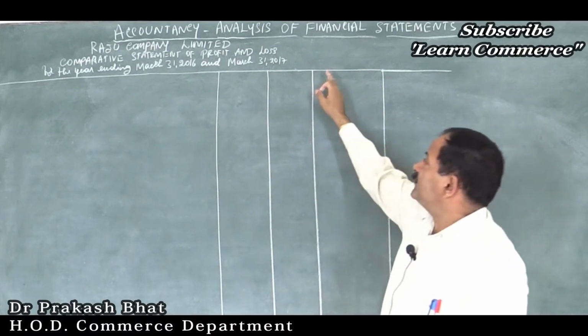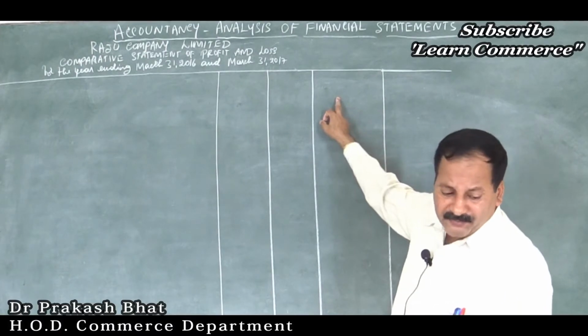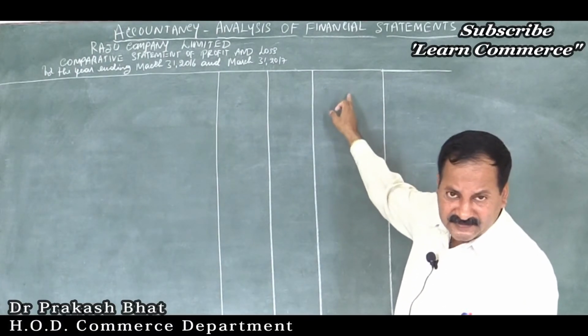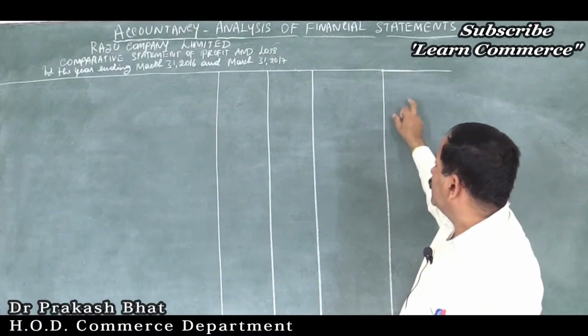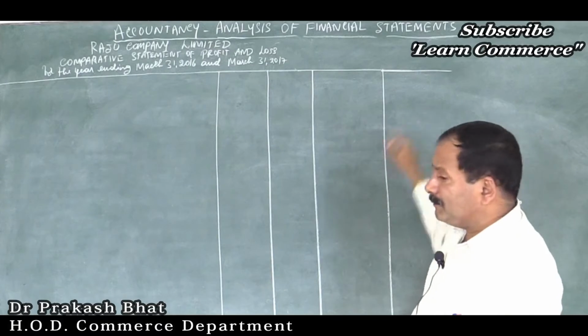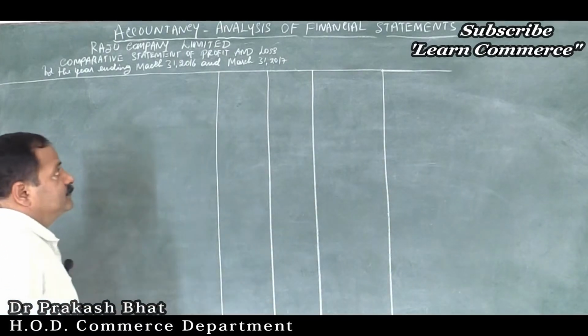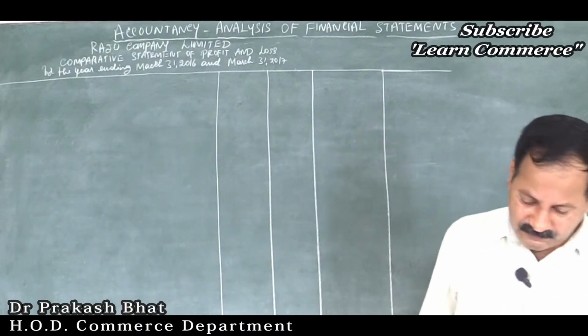Then absolute increase or decrease, increase plus, decrease minus, then percentage increase plus or decrease minus. I will not write the column headings. You just write them. Quick. Do it fast. Write the column headings.